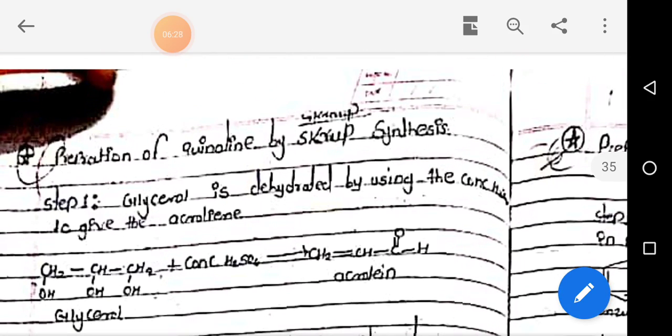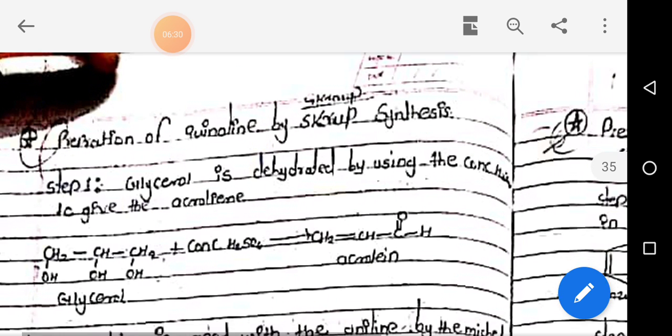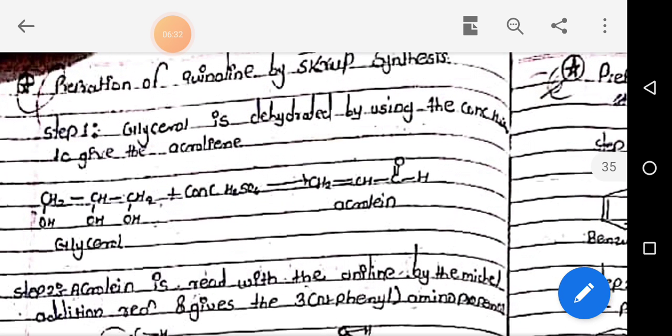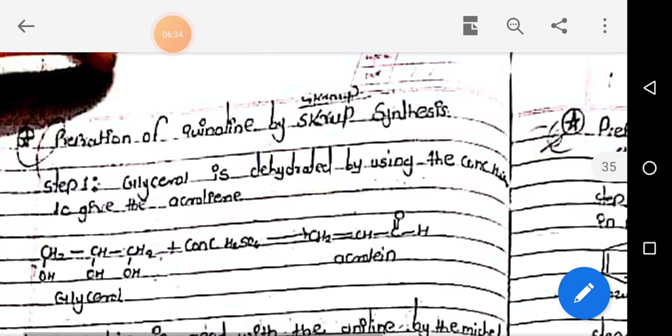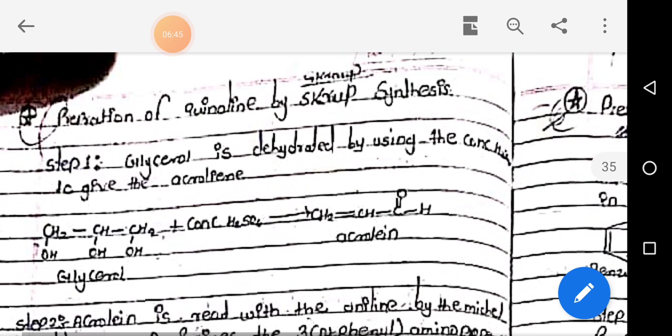Preparation of quinoline by Skraup synthesis. How can we prepare quinoline? This is a most important reaction. Many times questions are asked on the preparation of quinoline by Skraup synthesis, by the name reaction.